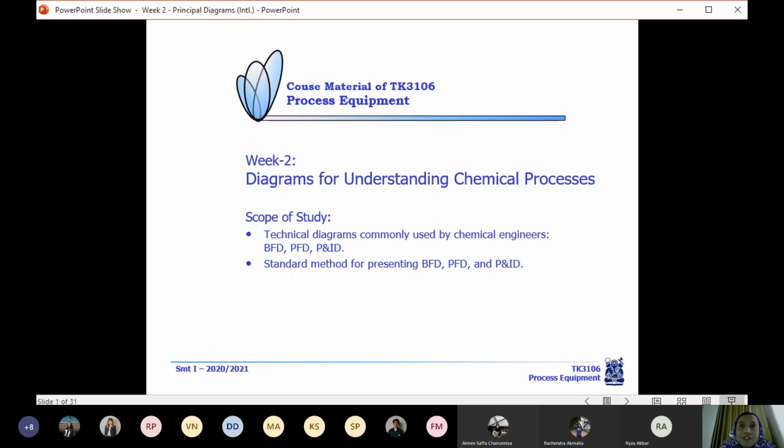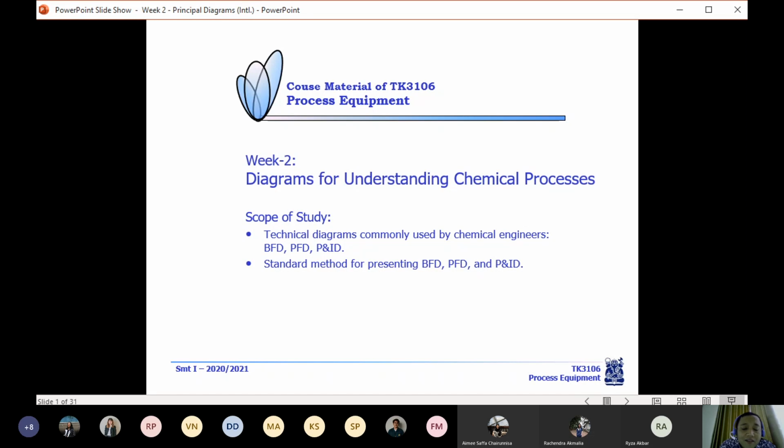If you discuss with a piping engineer, usually we discuss the 3D isometric diagram, but because it is mostly focused on the three-dimensional model, we will not cover it during this class. So for today's class, we only cover BFD, PFD, and P&ID.